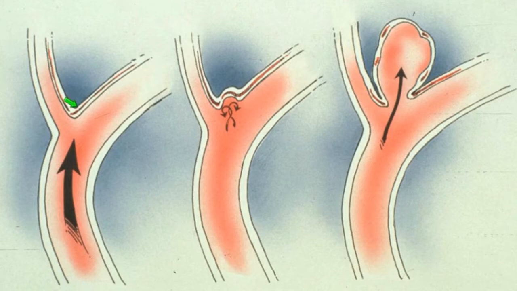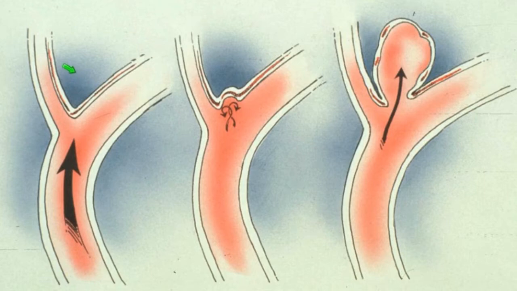And what happens is every time our heart beats, there's a pulse of pressure that comes up, and this pulse hits a branch point or a curve before going on its way. So certain areas like here get a lot of stress during our lives. We call that hemodynamic stress.